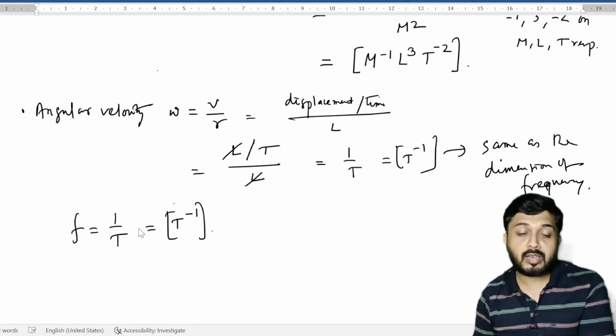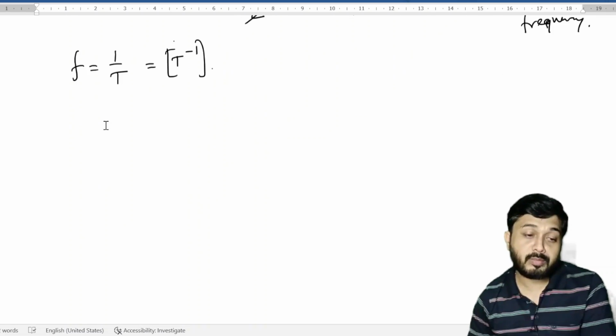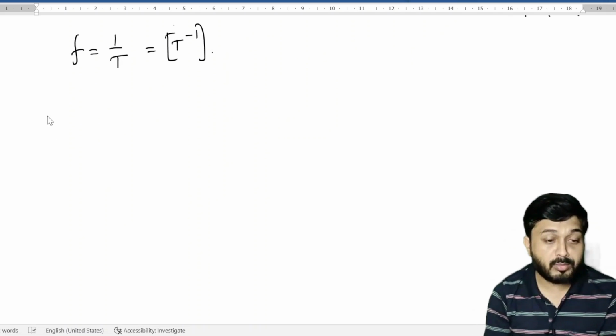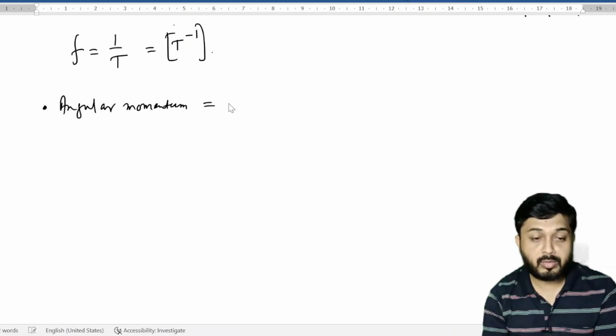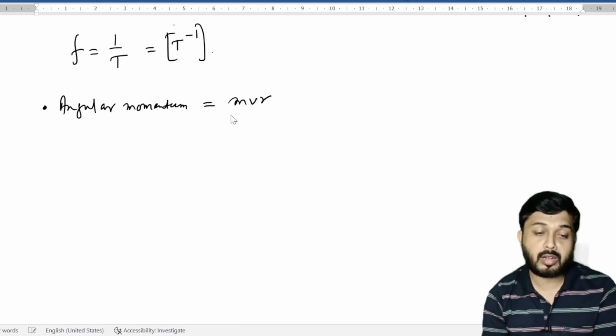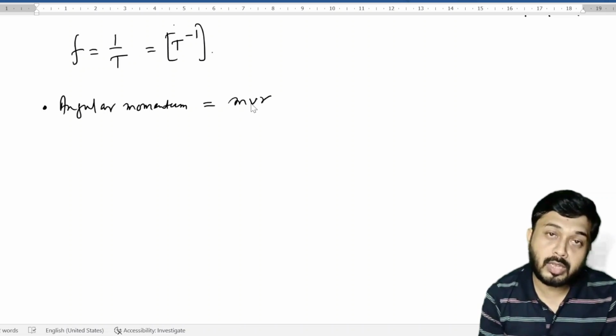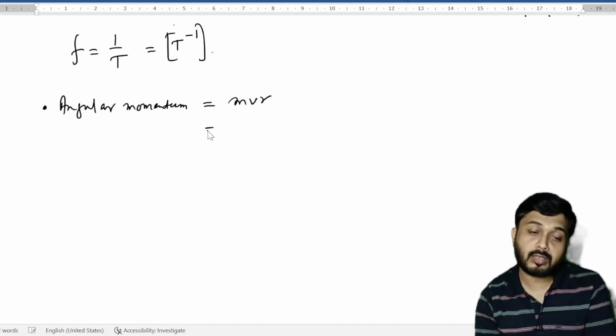After that is angular momentum. Angular momentum equals m v r, mass into velocity, that is linear velocity, into the radius.